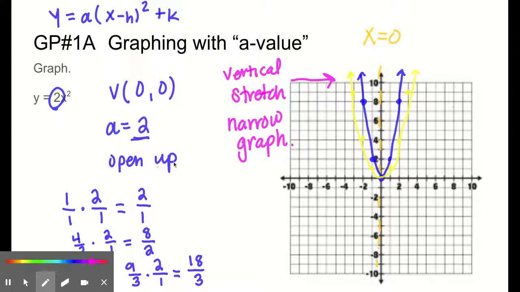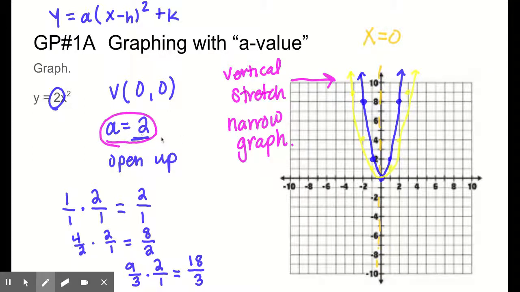So that vertical stretch gives us that narrow graph. Now, why did this happen? This is our a value. Our a value is 2. So we're going to come back to this, the fact that a equals 2 gave us a vertical stretch.